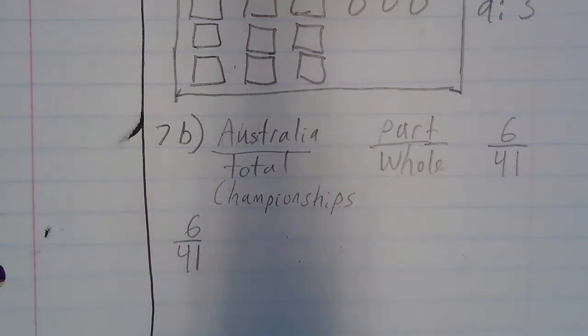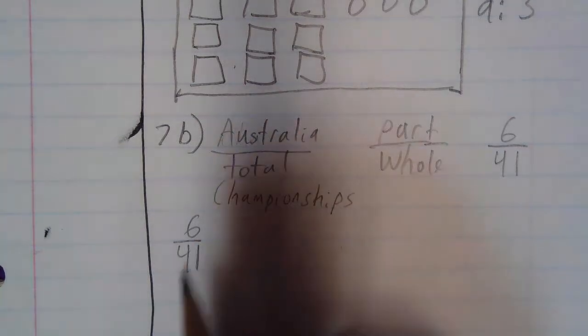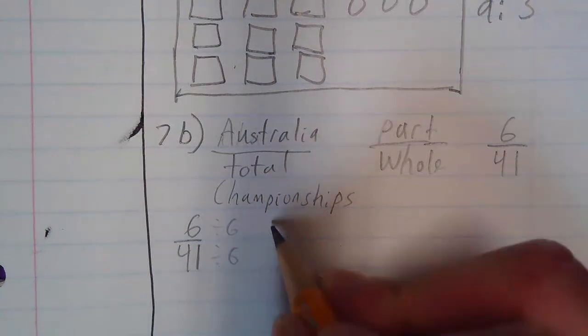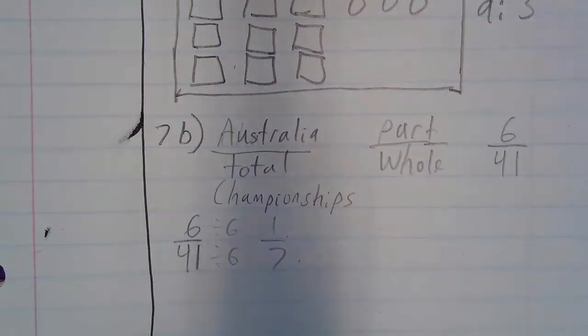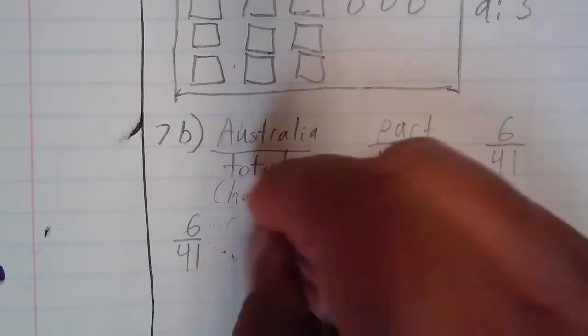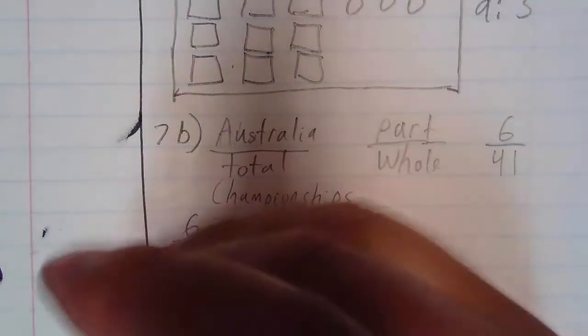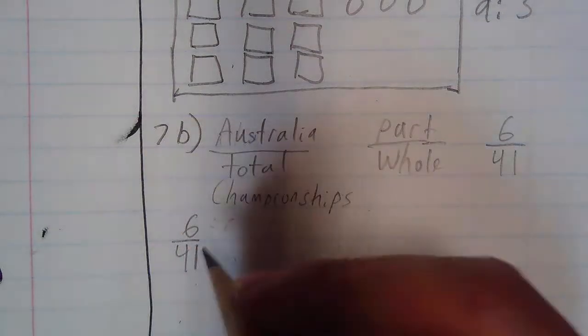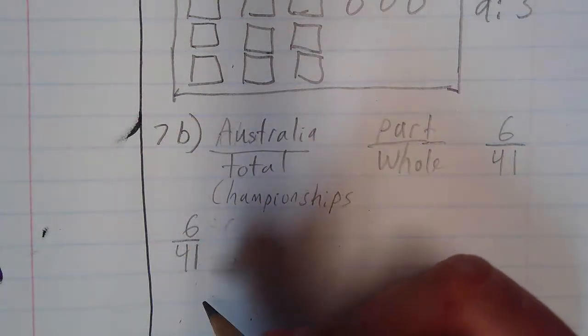Remember a while ago we did prime numbers and I asked you if you memorize some of the prime numbers, this will help you? Now, I can see where some of you would look at this and say, oh, that's easy. I can divide by 6. That's 1/7. No, people. No, no, no. If you have your prime number list, you might want to take it out. You're going to notice that 41 is prime.